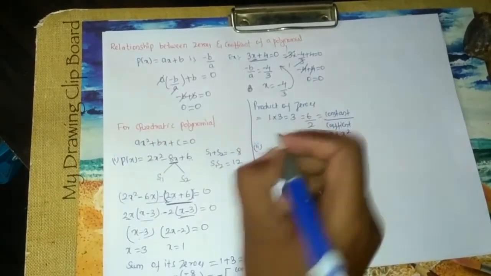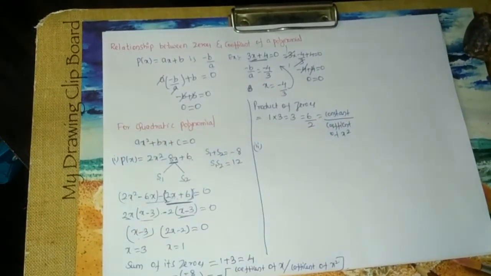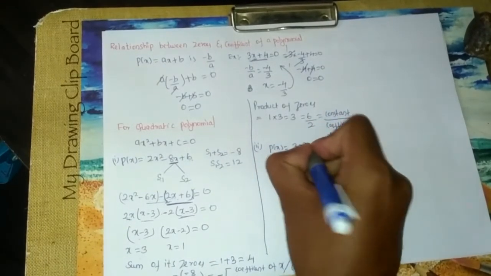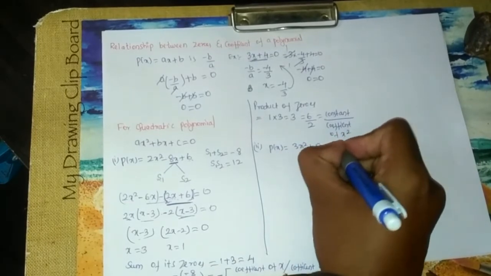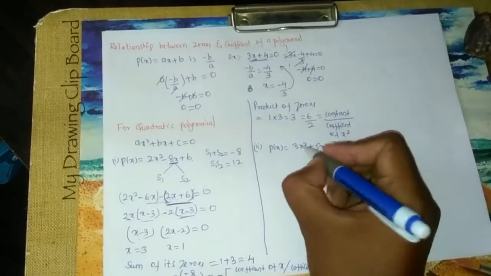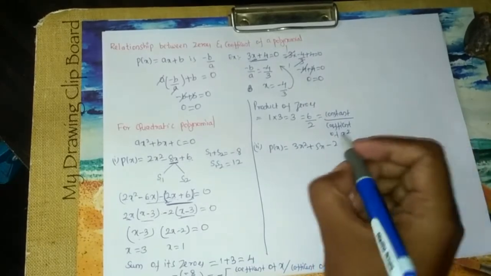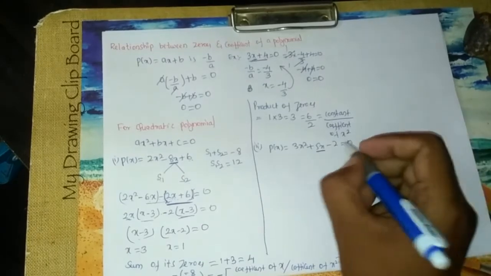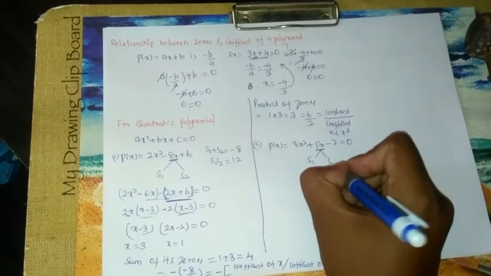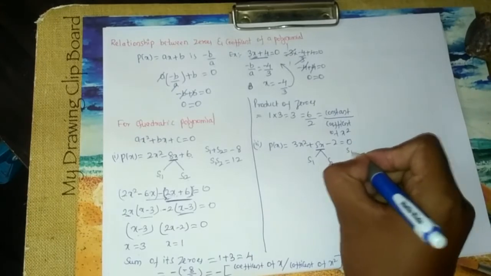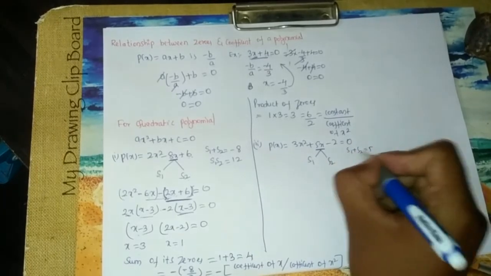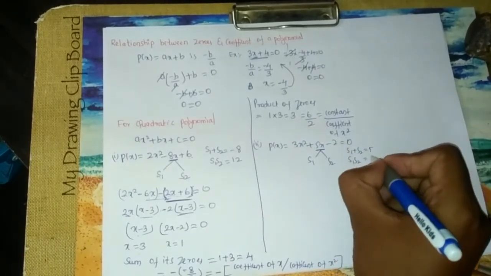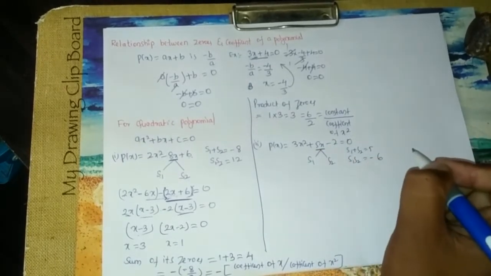Let me take another polynomial, say p of x equals 3x square plus 5x minus 2 equals 0. Let me try to factorize the middle term by the splitting method. I have s1 and s2. The addition s1 plus s2 should be 5, and the multiplication of s1 and s2 should be 3 into minus 2, which is minus 6.